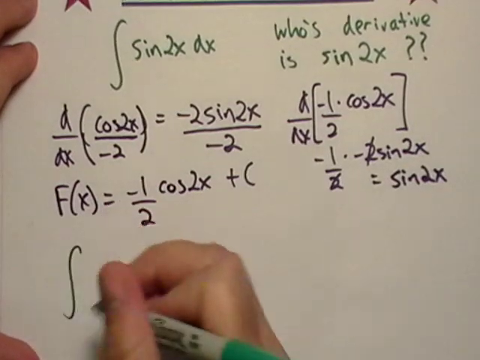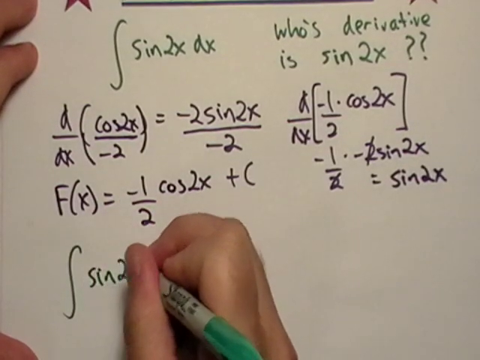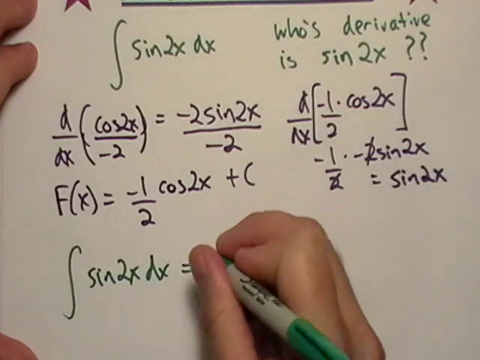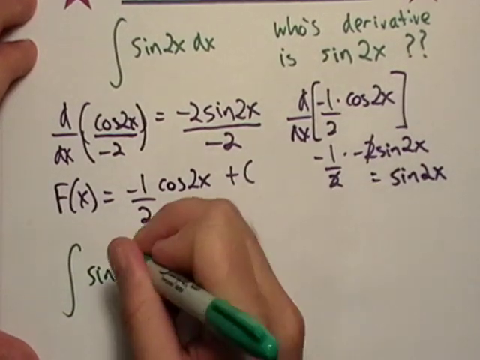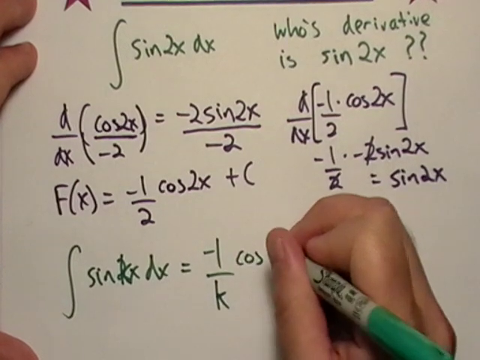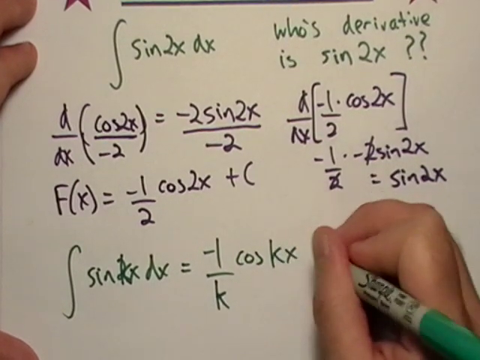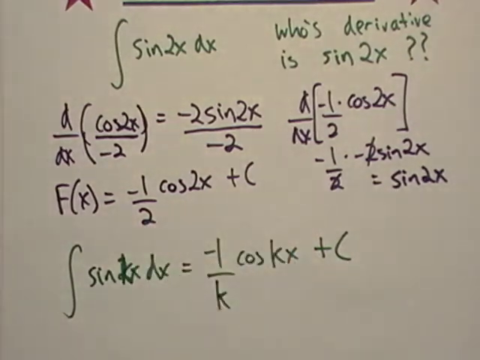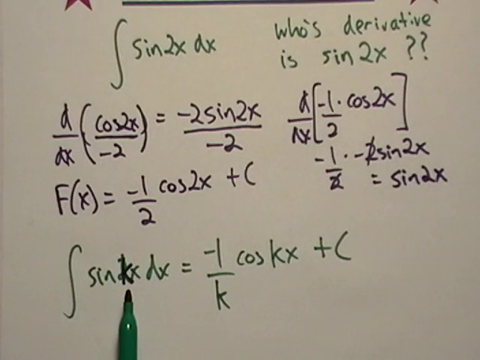Or you could just do it this way, with a generic formula, where that's supposed to be a k. So you have a trig function, and there's always going to be some sort of constant in front of the angle, whether it's a 1 or whatever, so you can just go there. Okay, let's do another one.